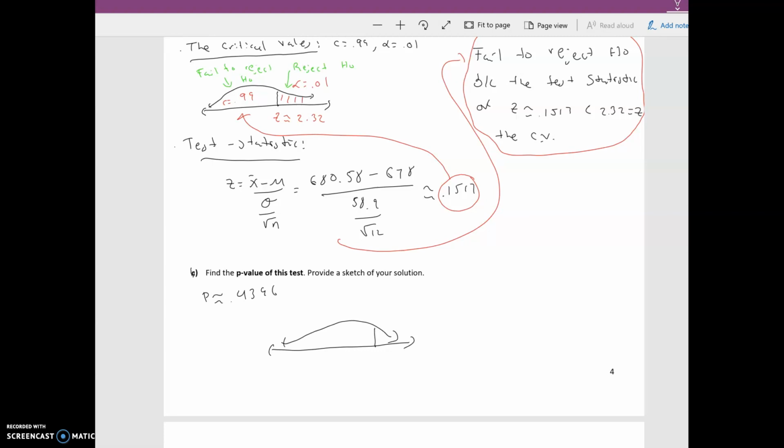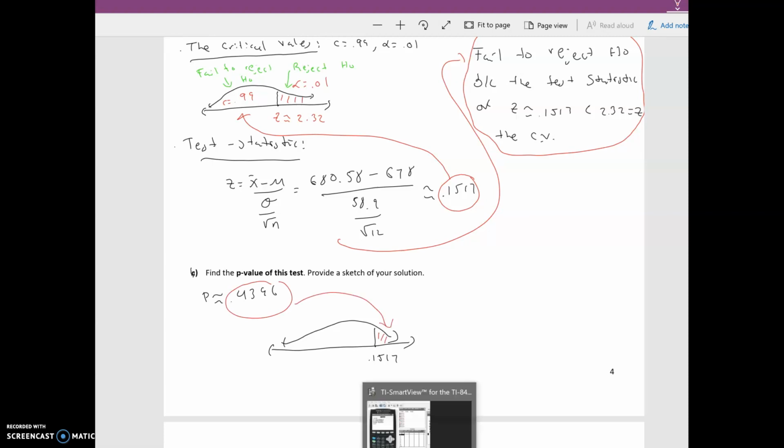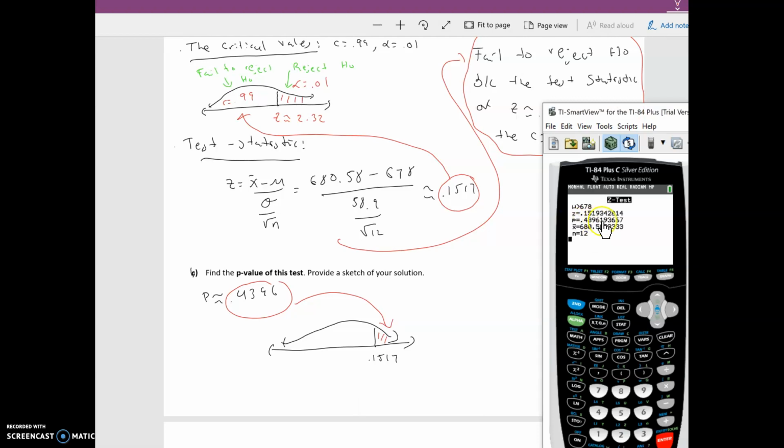The test statistic ended up being 0.1517. This shaded region represents the p-value. It's sufficient just to run it with the calculator without having to find the normal CDF for that area. The calculator gives it in this format as 0.4396. Four decimal places will be sufficient to round.